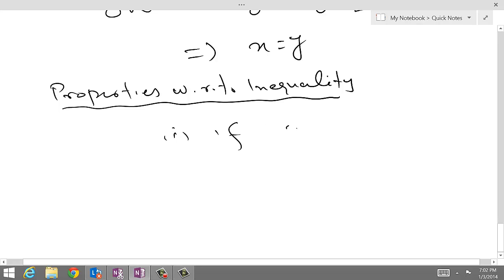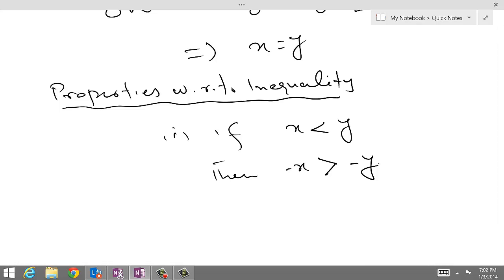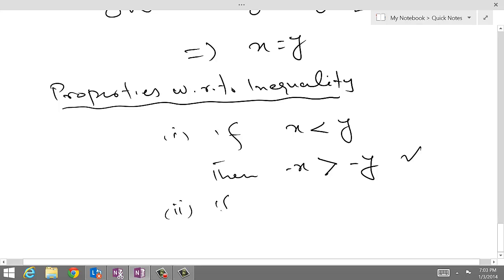If x is less than y, then minus x is greater than minus y. So whenever you multiply any negative number on both sides, the inequality sign will change. This is of particular importance. And number two, the very important property: if x is less than y, then 1 over x is greater than 1 over y.